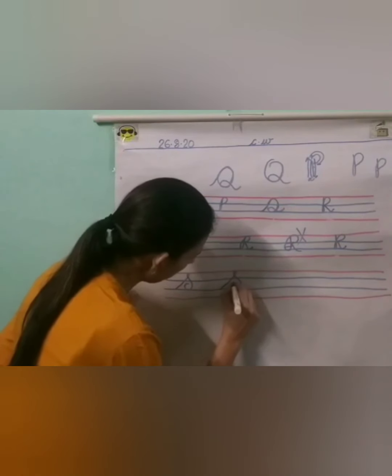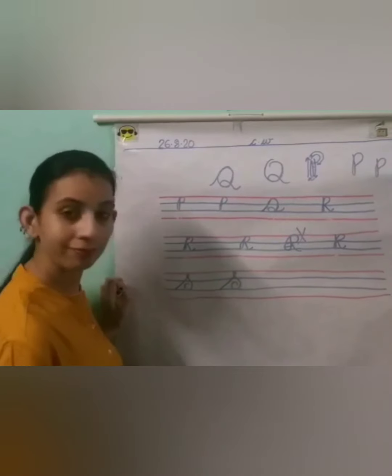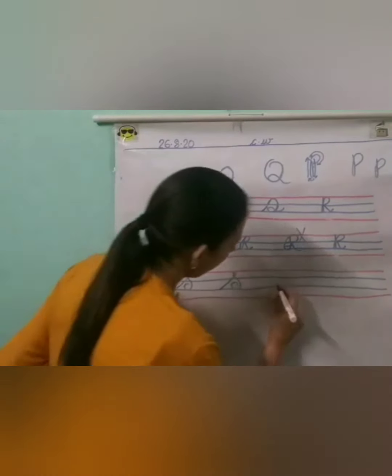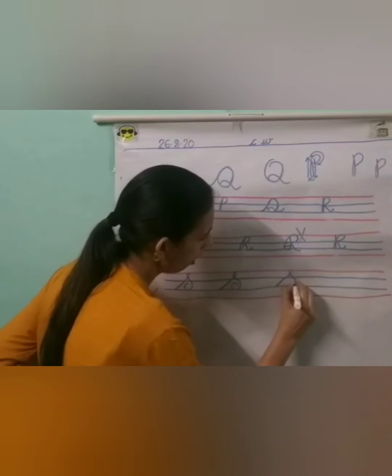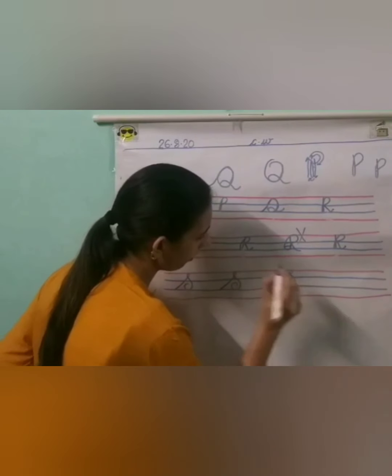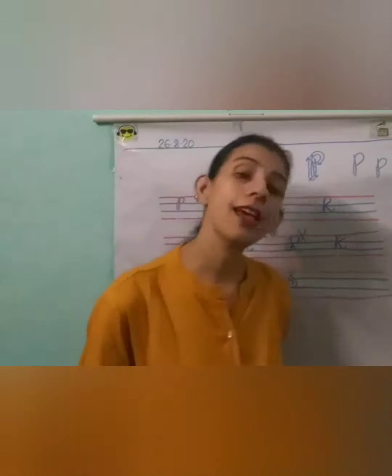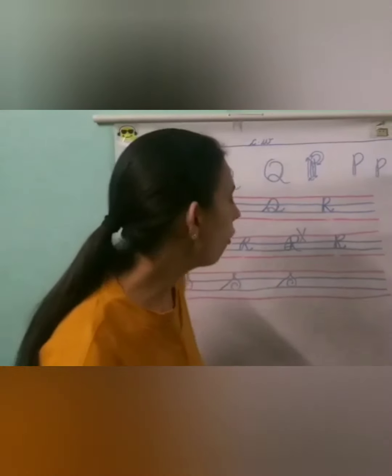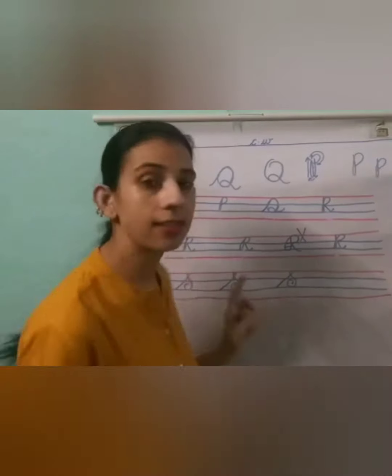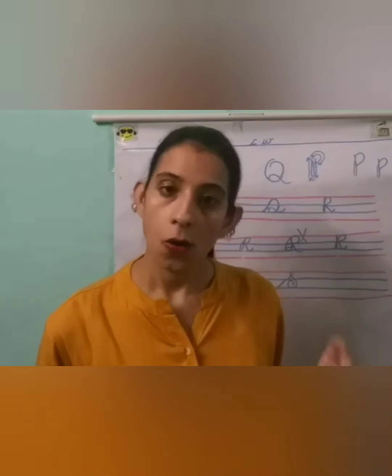A big tummy and this is S. Okay, one more time. Slant line, go up, make a curve, a big tummy and round. So this is S. Okay, children? Get it? Now we will write. So S says S. Okay?